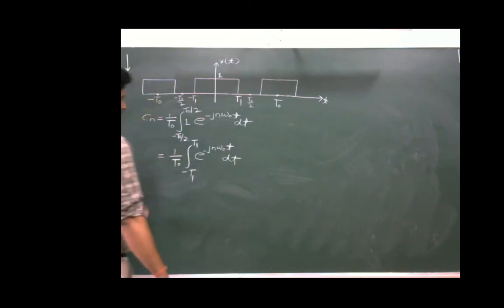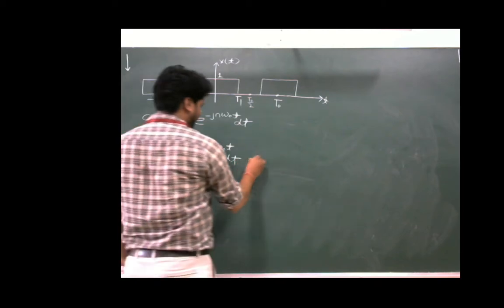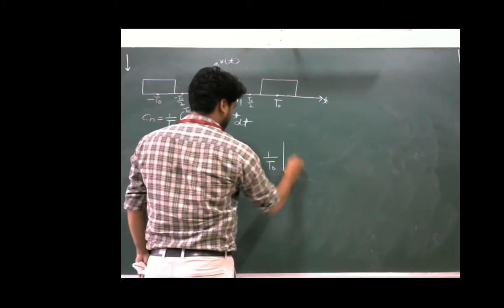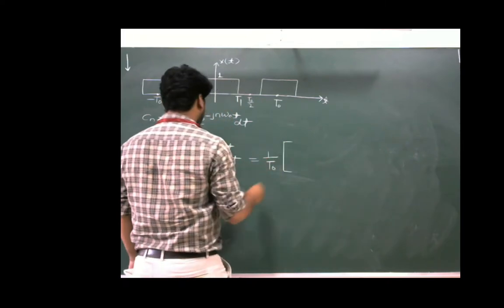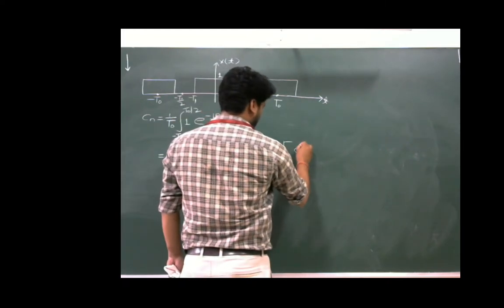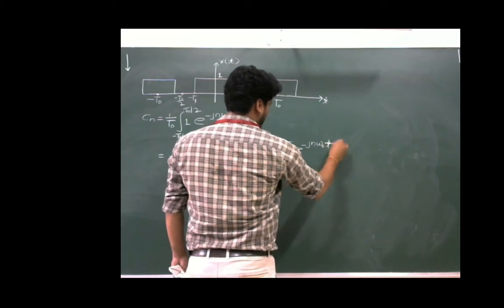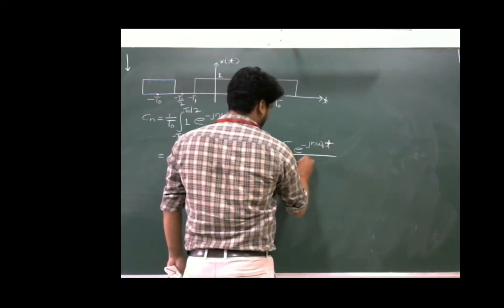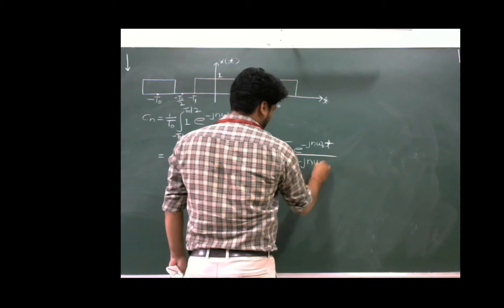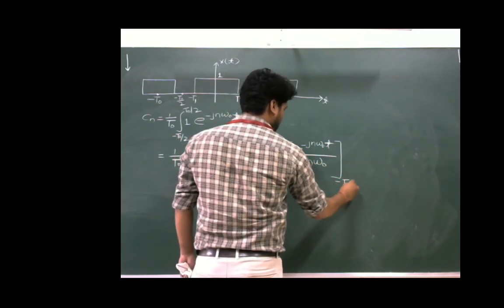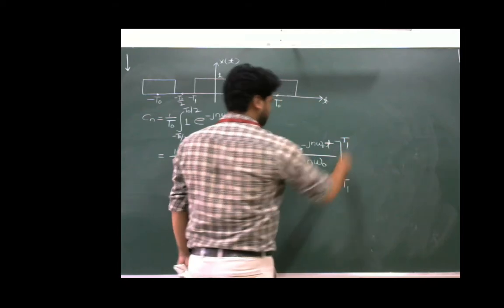We have to calculate this integration. Now this will become 1 upon t naught, e power minus j n omega naught t upon minus j n omega naught, limit from minus t1 to plus t1.